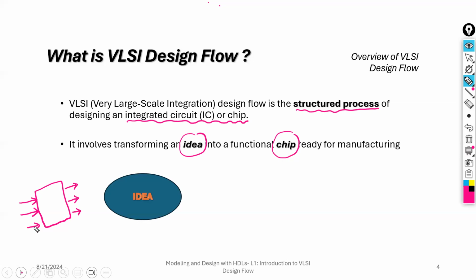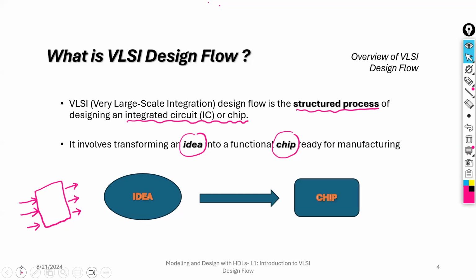We focus mainly on digital applications only. We want to realize this on an IC because we have some kind of idea. The idea is that it has to perform some kind of task by applying some kind of input signals. Then it must be translated to an IC or a chip, whatever we have intended for.